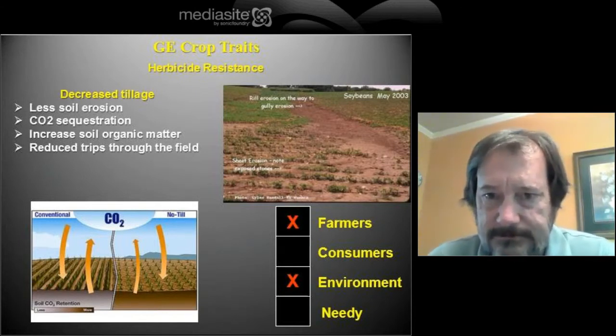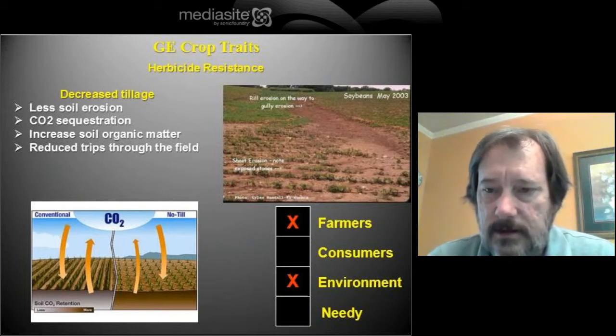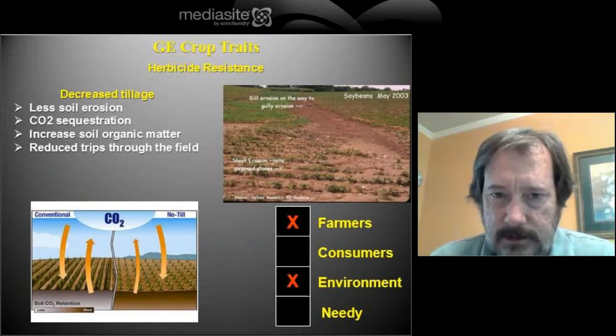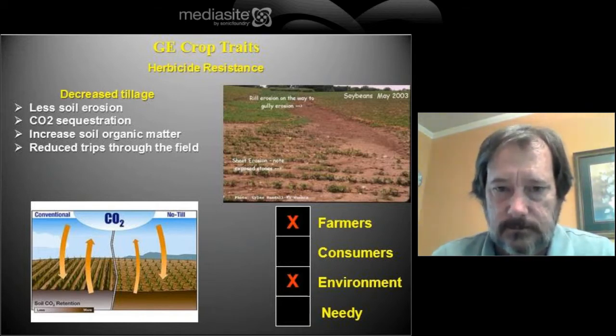Some of the benefits that we have seen from herbicide resistant traits is an increase in reduced tillage or no-till. So as we decrease that tillage, what we see is less soil erosion, more CO2 sequestration.